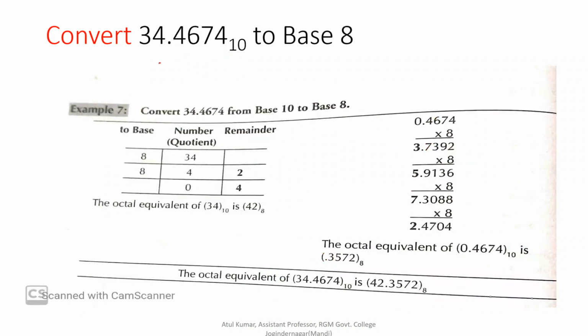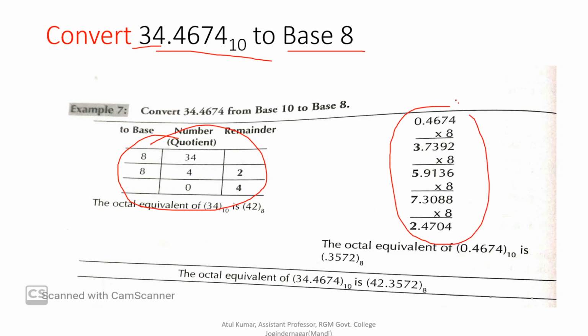Again, convert this number into base 8. Again the same steps. Before the decimal point we divide the number by 8, and after the decimal point the number is 4674, which we repeatedly multiply by 8 until we get repeated values.